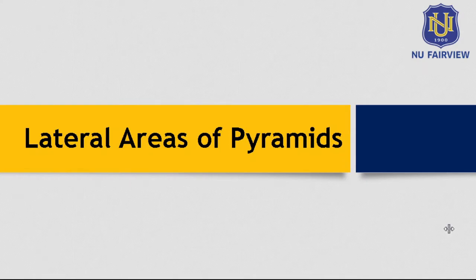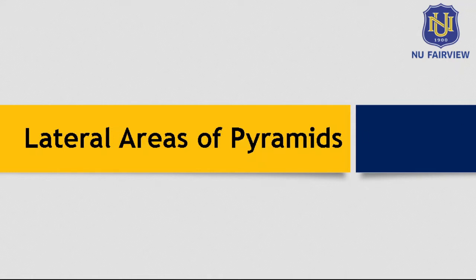Let's have a look at the lateral area. So, earlier, we defined lateral area as the sum of all the areas of the lateral faces. Okay. So, that is our definition.